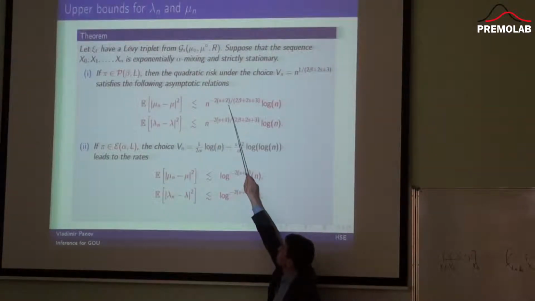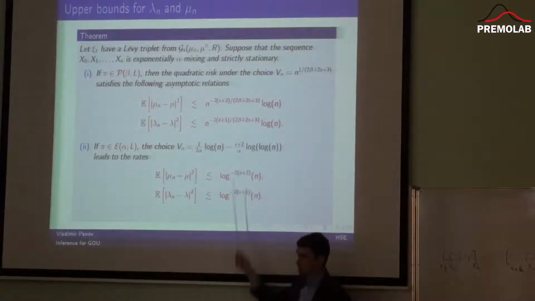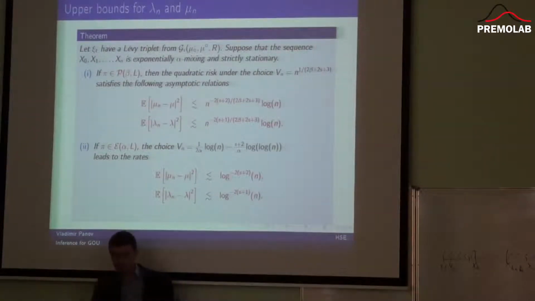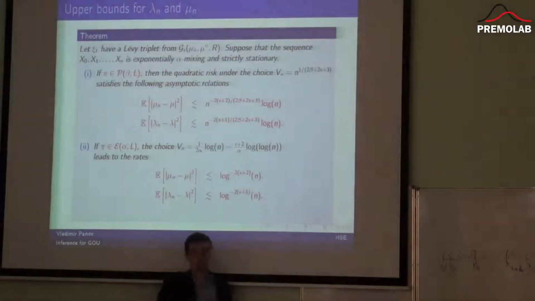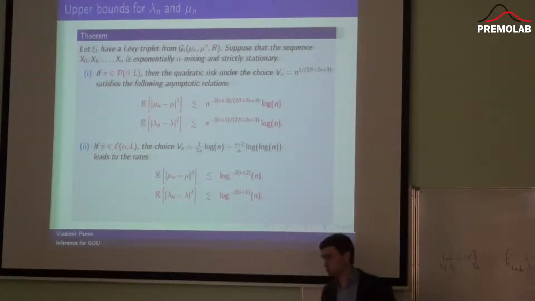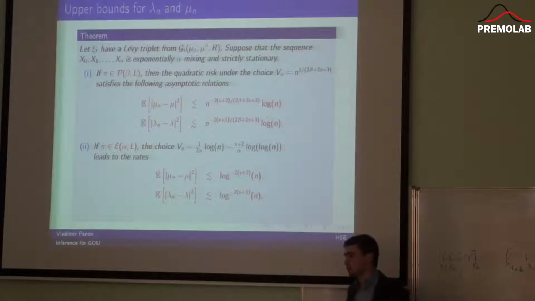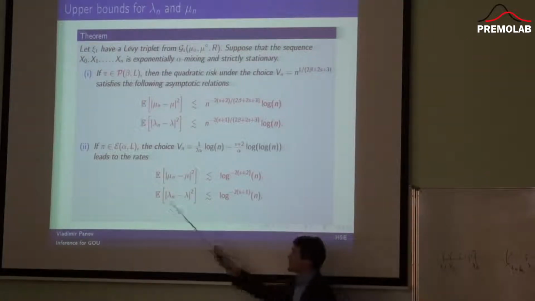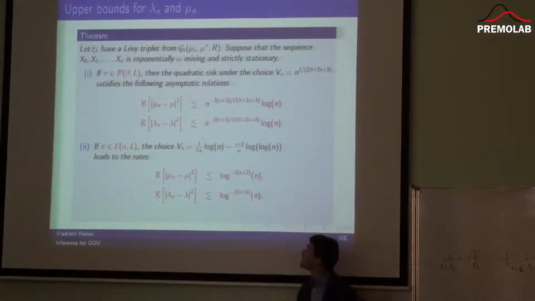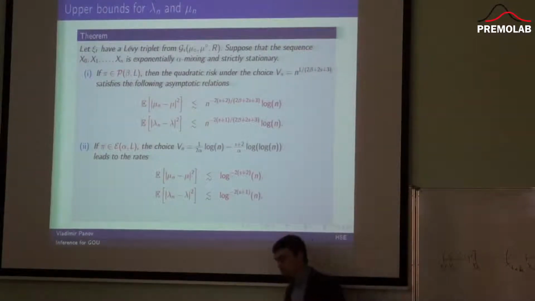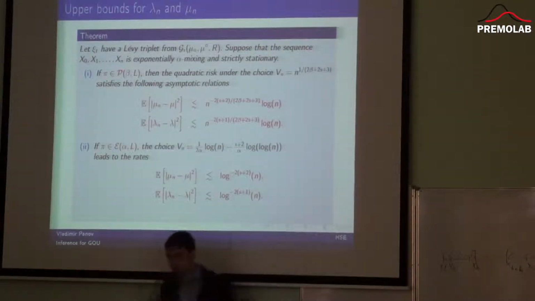The difference is only in one number, here is 2 and here is 1. This is not surprising because, as I told you, the final estimates for these two parameters are very close to each other. The difference is only in the weight function. And if pi belongs to the exponential family, then the rates of convergence are logarithmic. And we think that these rates cannot be improved.